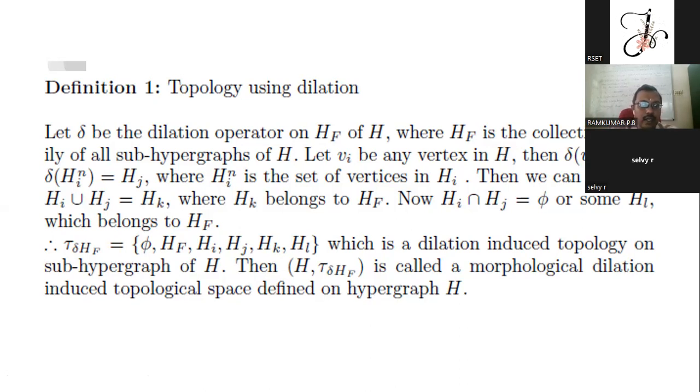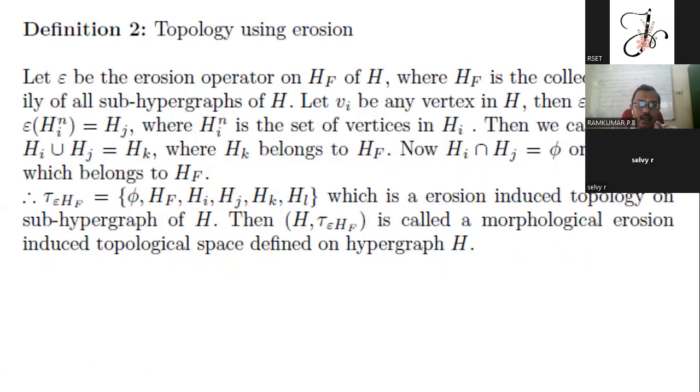This is a morphological dilation-induced topological space defined on hypergraph H. Similarly, if we use the definition of erosion on these sub-hypergraphs, we get another topological space, that is the erosion-induced topological space. There are so many other operators in mathematical morphology, so we can construct several topological spaces like this.